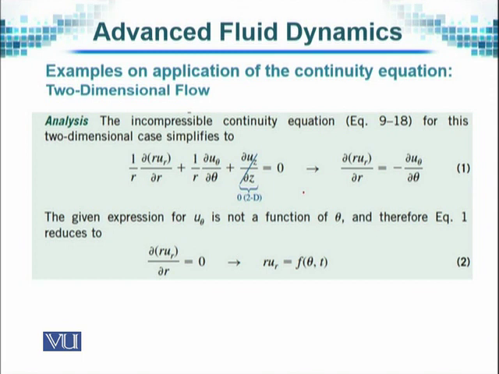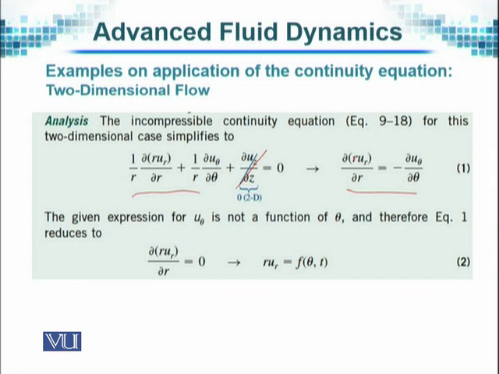Since this is a two-dimensional motion, nothing comes from the z component, because the z component does not exist, and therefore that term is deleted, and we are left with only these terms. Since we have to calculate ur, we keep it on the left hand side and take the other terms on the right hand side.